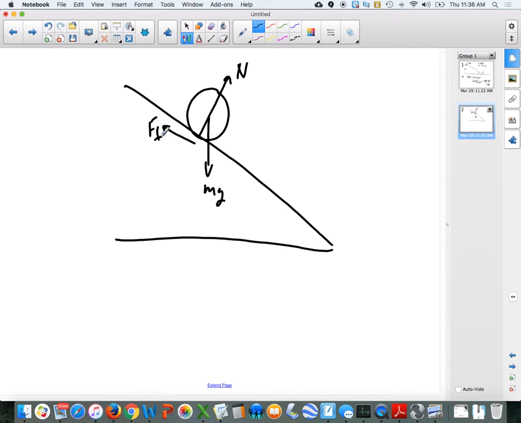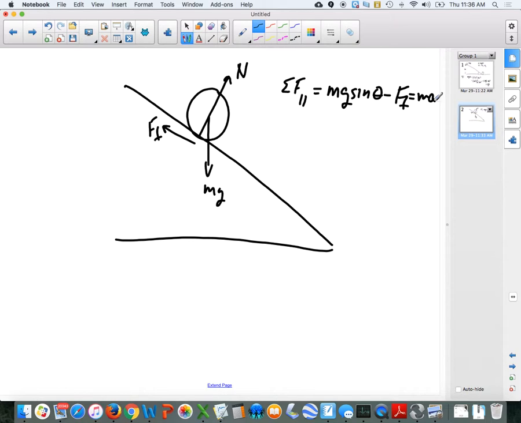So now that I have my forces, I can write two equations. I can write the sum of the forces parallel to the incline: mg sine theta minus force of friction, and that will equal ma.